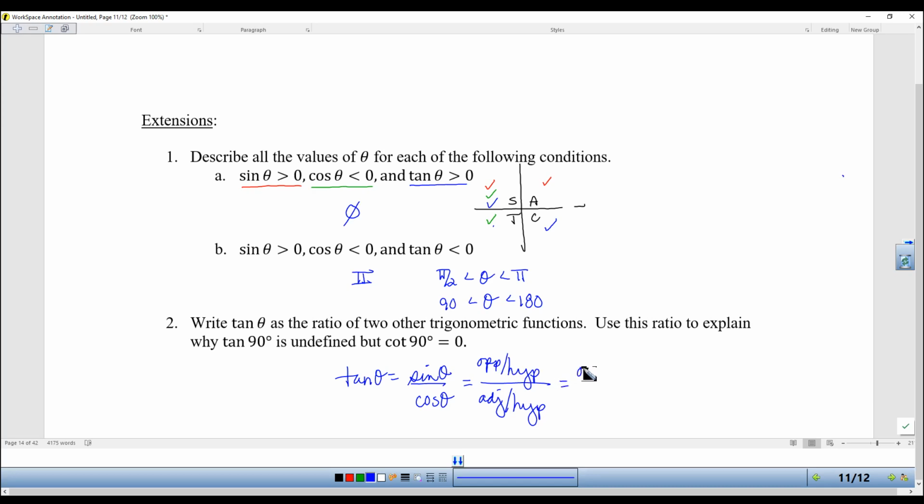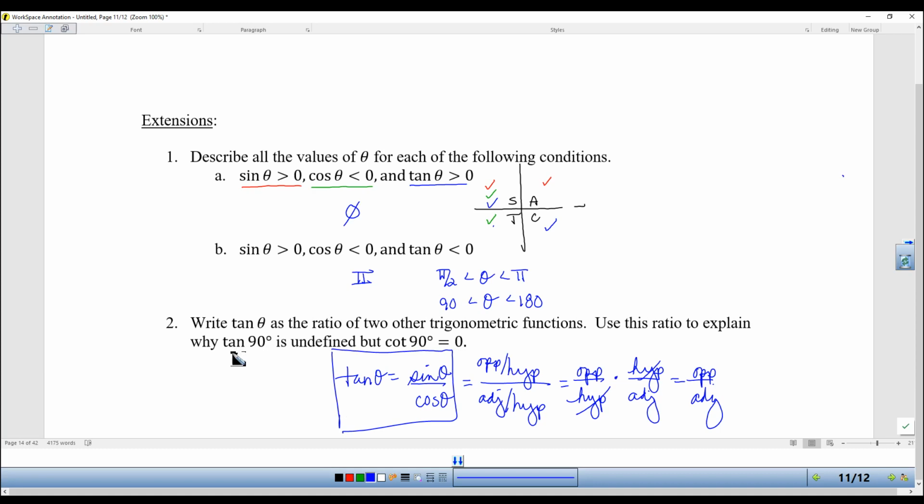So since I have a fraction over a fraction, I can keep the first one, change it to multiplication, and flip the second one, and then my hypotenuses cancel, and I get opposite over adjacent. So that's why tangent is equal to sine over cosine.